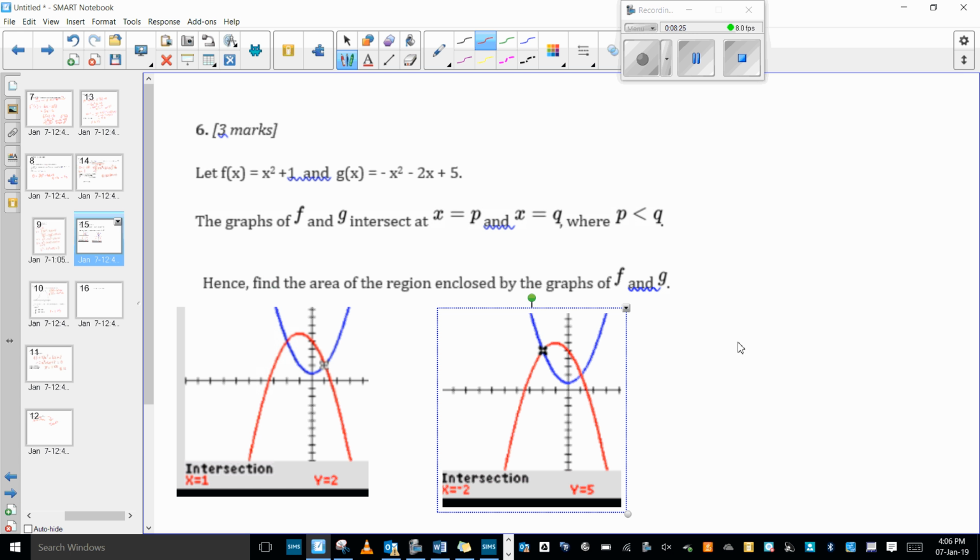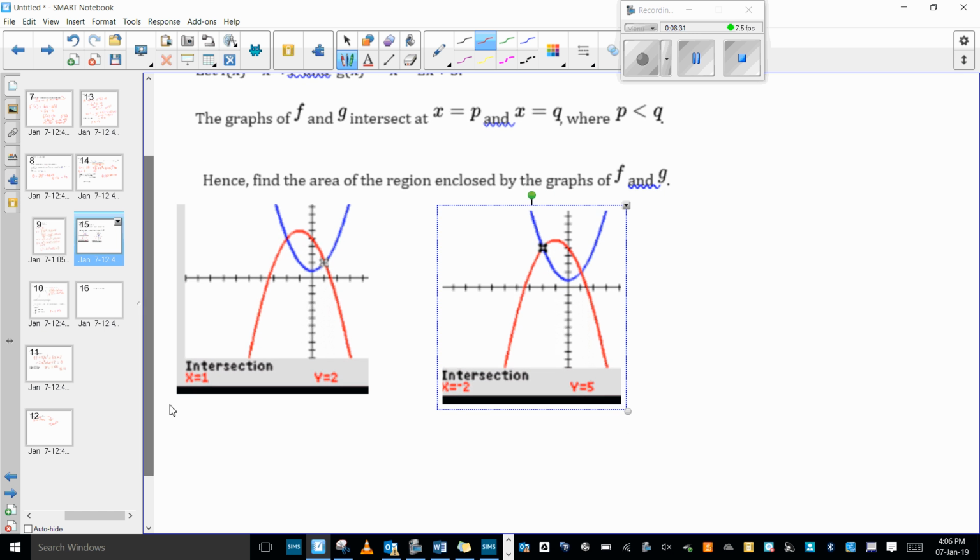So then we are finding the integral between 1 and negative 2 of the red function subtract the blue one.